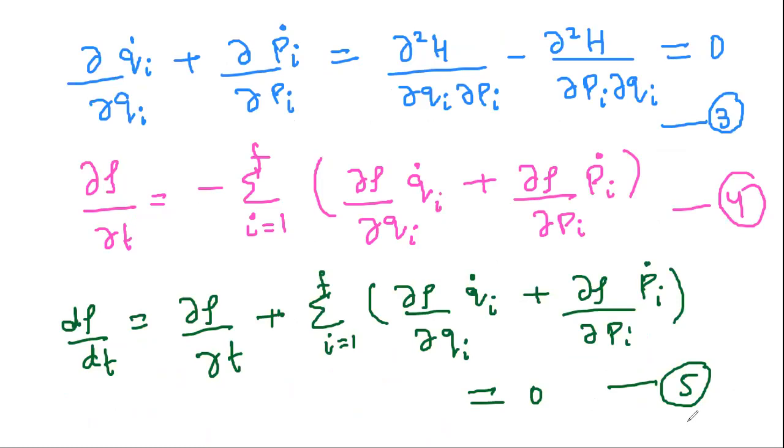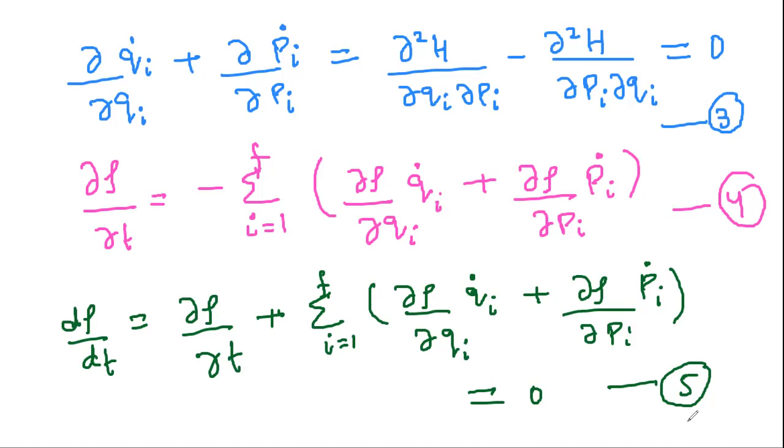One is its partial derivative equation 4, which we then wrote in the form of a Poisson bracket of rho and the Hamiltonian. Another form is its total derivative. What is the difference between partial and total derivative? In partial derivative, you are talking about the rate of change of rho with time at a fixed point. In total derivative, you are moving with the phase point and seeing how rho changes with time.